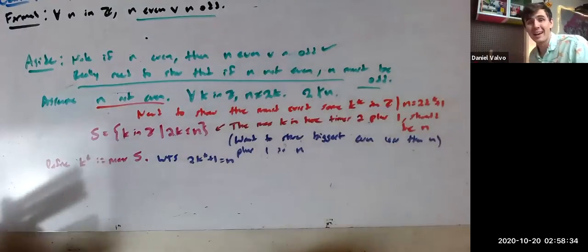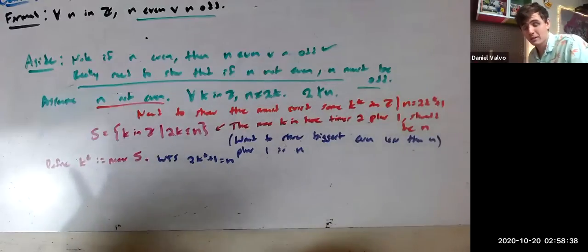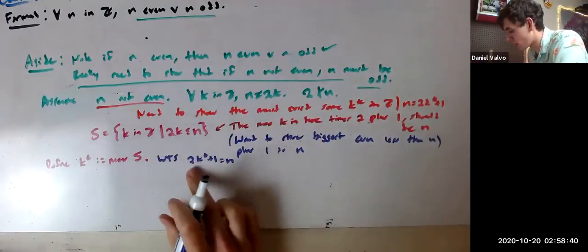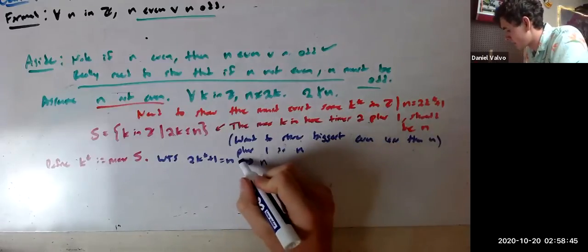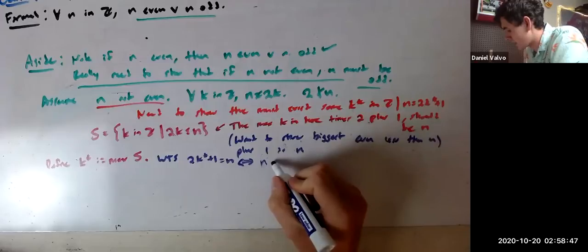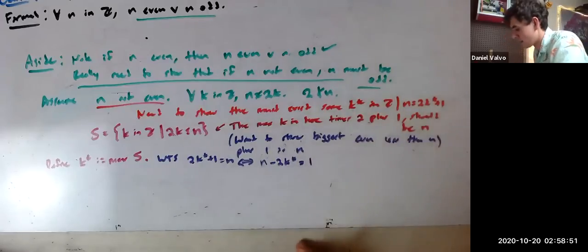Now here's how I'm going to do that. I'm going to do that by contradiction. This is the same exact thing as saying that n minus 2k star equals 1.